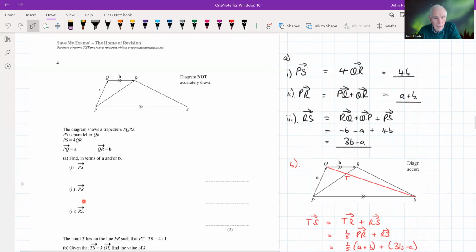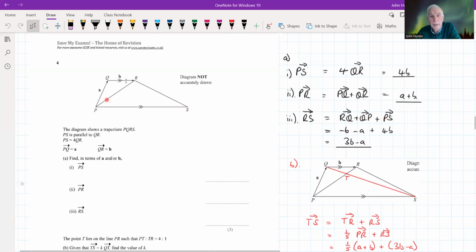And then finally RS, well, let's expand that. Really what we're doing is finding ourselves an alternative route for getting from R to S. We're going RQ, QP, PS. RQ plus QP plus PS, and you can see that cancellation thing applies twice here.